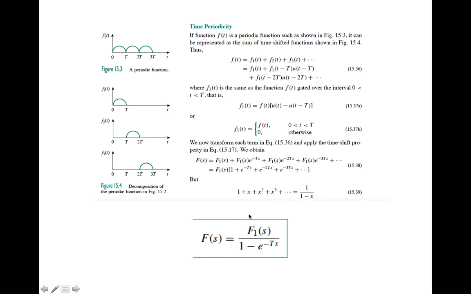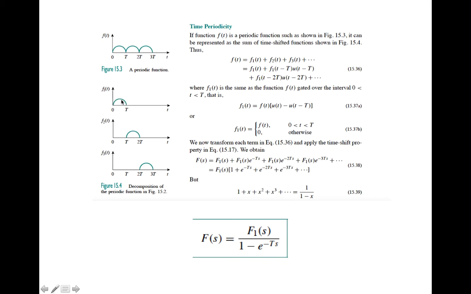So because of that, we can write that series expression as 1 over 1 minus x, which in our case would be 1 minus e to the minus Ts, where T is the period. F1 is the shape of each little individual function. So in this case, it's a half sinusoid.